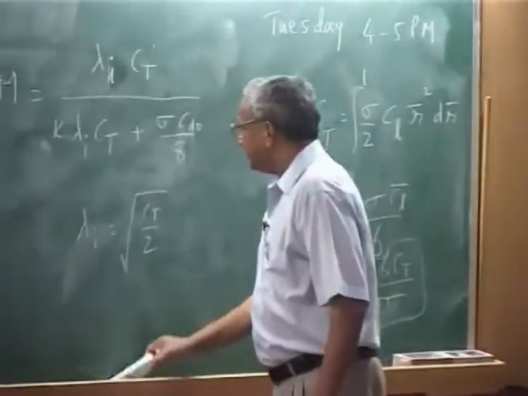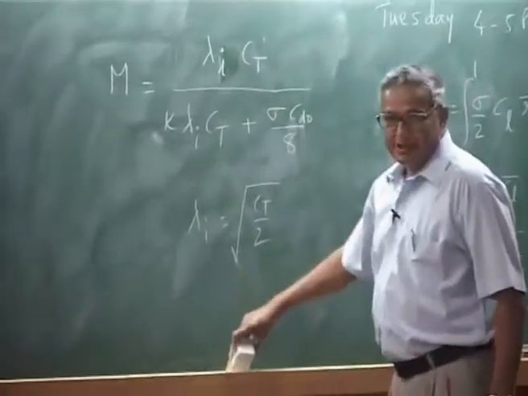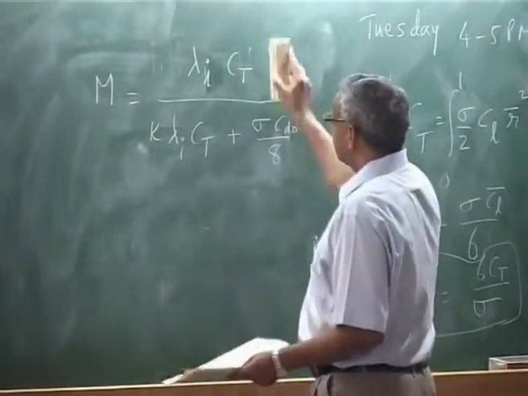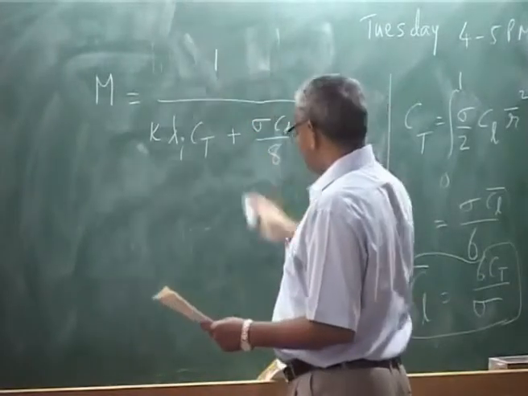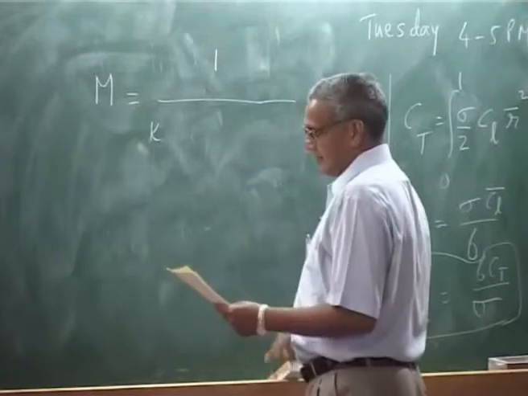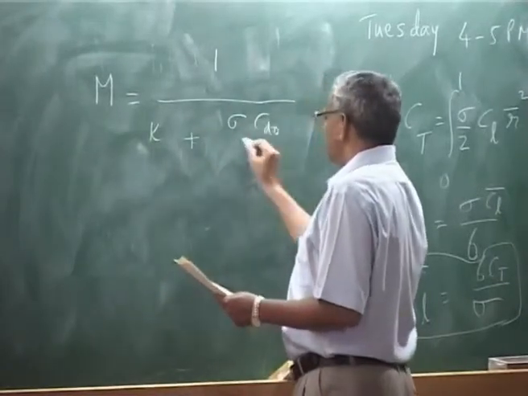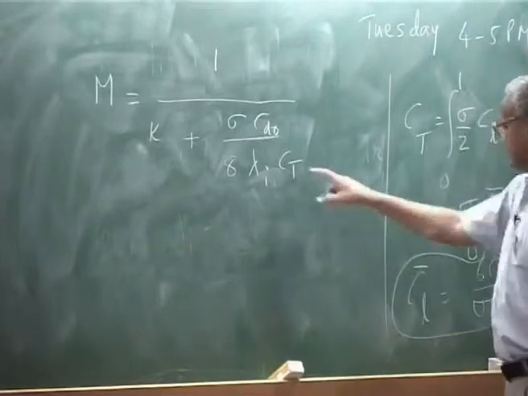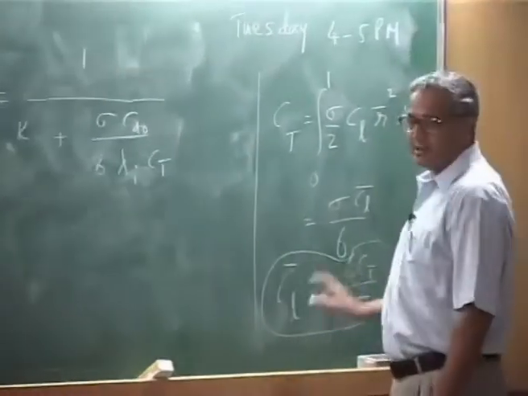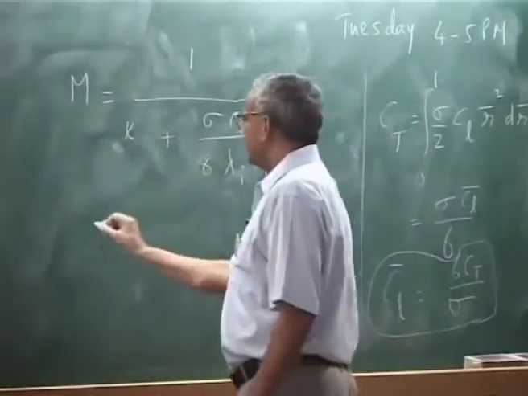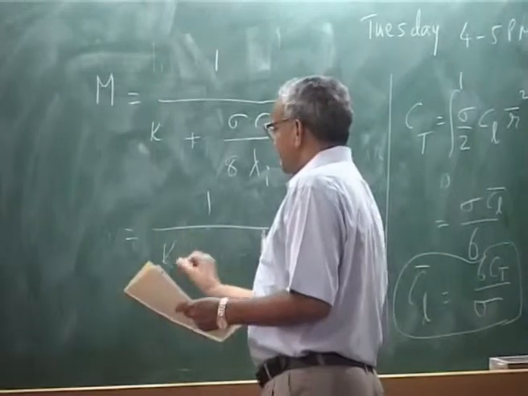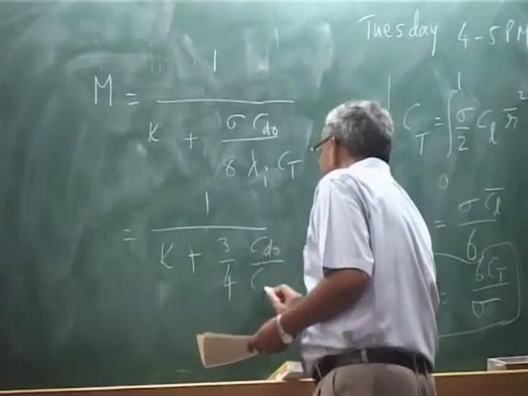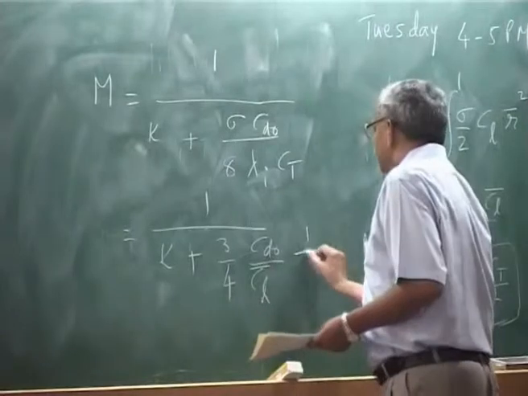Now, if you take out that lambda I CT, divide everywhere, your expression will become, let me write it, 1 over K plus sigma CD naught over 8 lambda I CT.